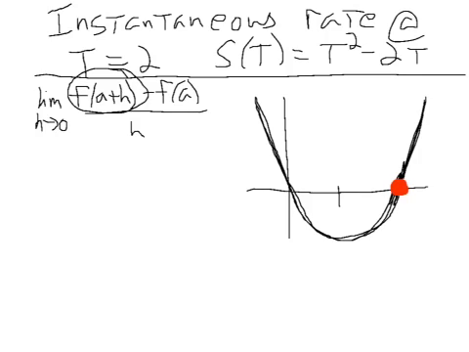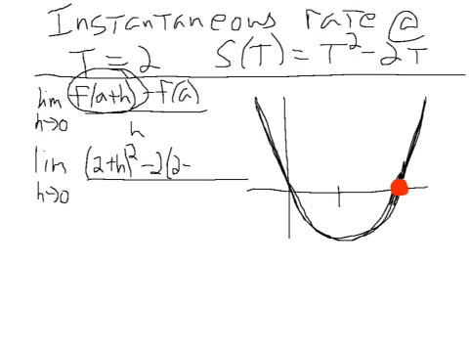So I'm going to write the limit as h approaches 0 once, and then I'm just going to write what we're substituting in. Here's the t squared minus 2 times 2 plus h. That's just this first part of the formula.